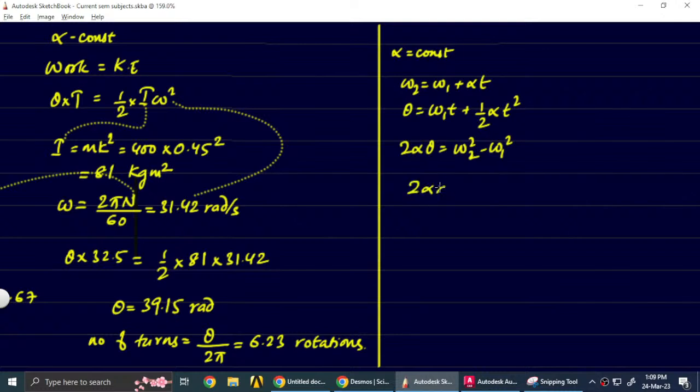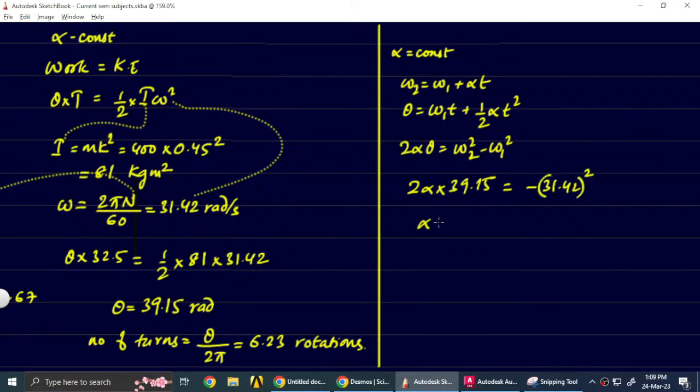So 2 times alpha into theta, that is 39.15. When you are substituting here, we have to substitute the radians value. Omega 2, of course, is 0, minus omega 1, the initial angular velocity, that is 31.42 squared.